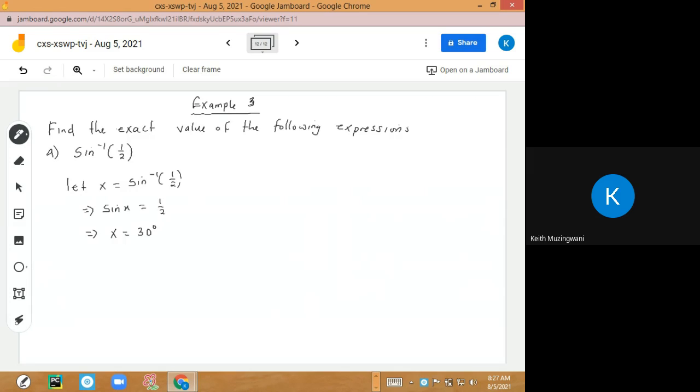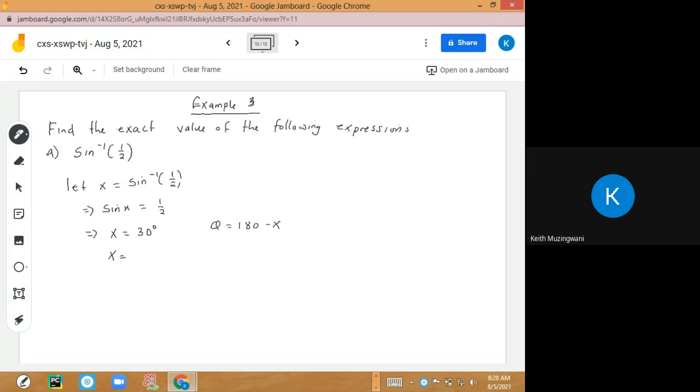We also have a 30 in the second quadrant. So in most cases, they will give us an interval where the x must fall, because we have so many angles that give us half, depending on the quadrant. So first and second. In the second quadrant, you can get the reference angle as 180 minus x.